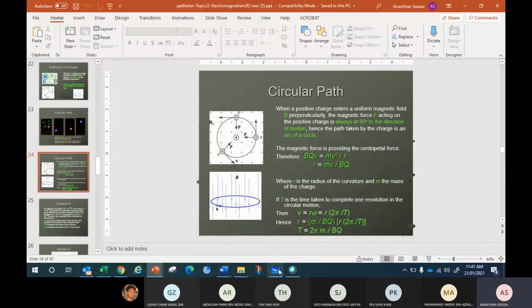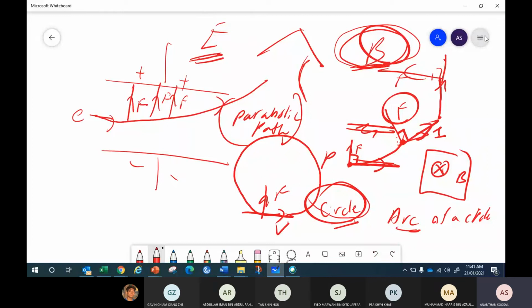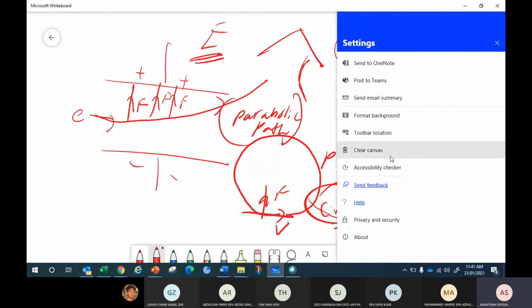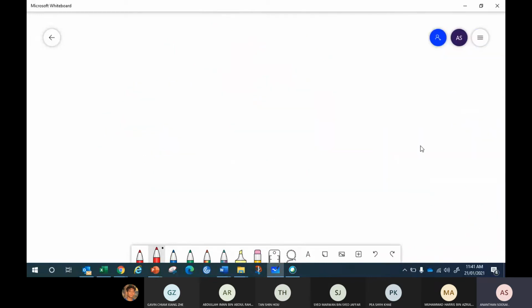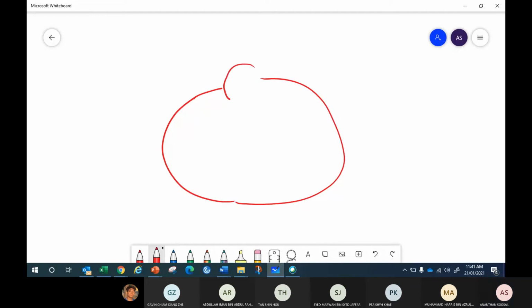Cloud chambers are used in nuclear physics, right? You know the particle accelerator in CERN. The two particles go and collide. Then what happened? The two particles collide and break into smaller substances. And the new particle which comes out, if it possesses charge, produces a track.